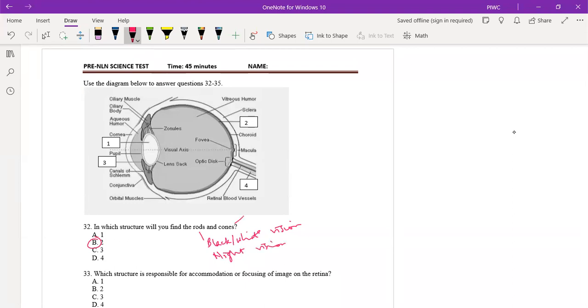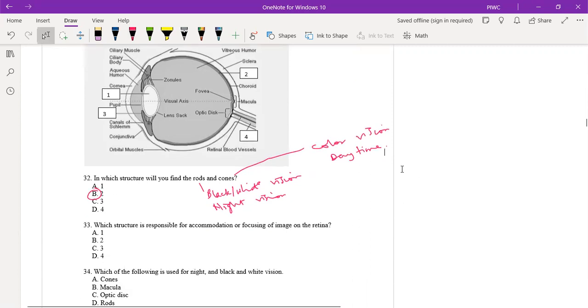The cones are good for color vision, and also for daytime vision. They need a lot of light to stimulate them.